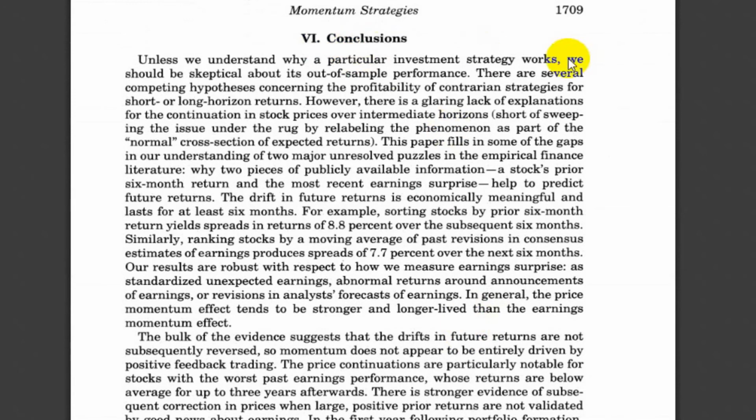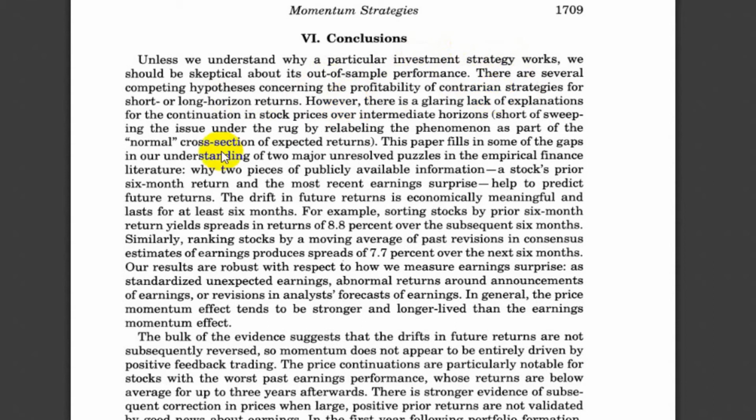So the purpose of this paper was to better understand the source of why the momentum profits work. In the past, there have been a lot of studies that explored the contrarian strategies, but there hasn't been much along the lines of persistence or momentum strategies.